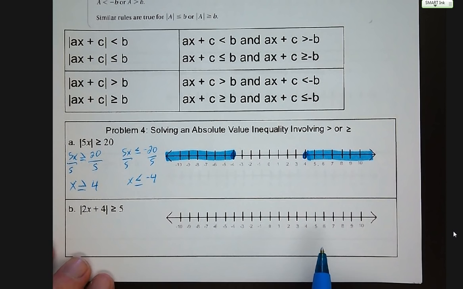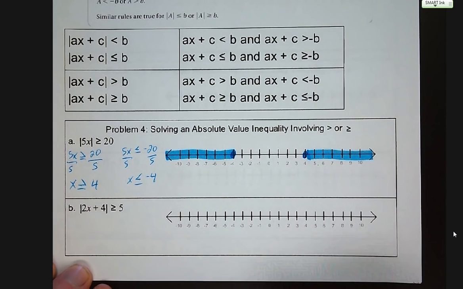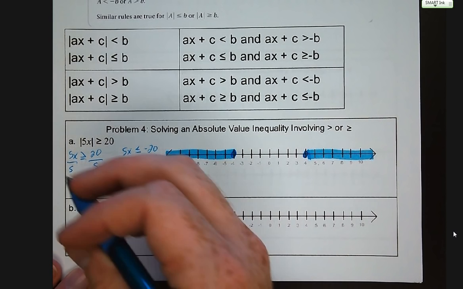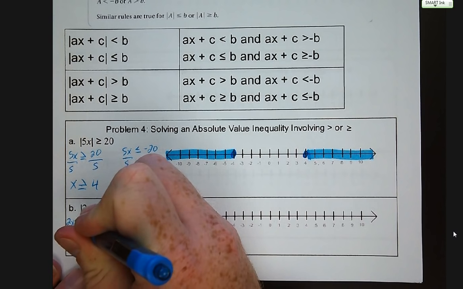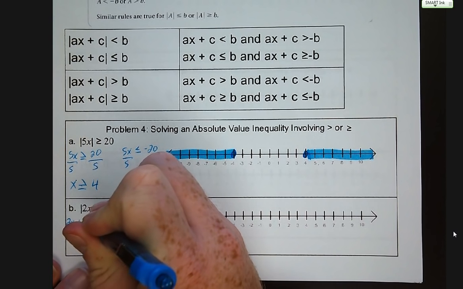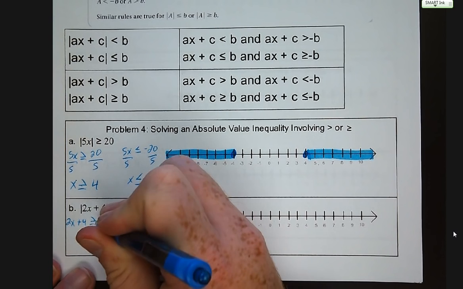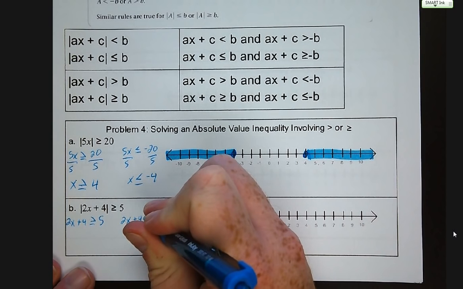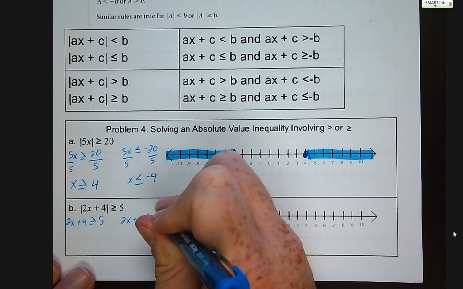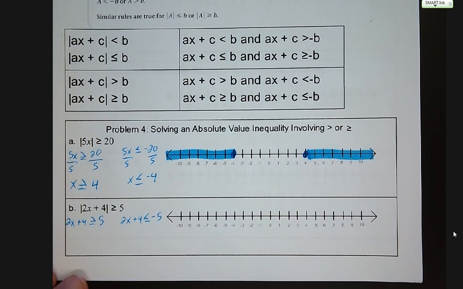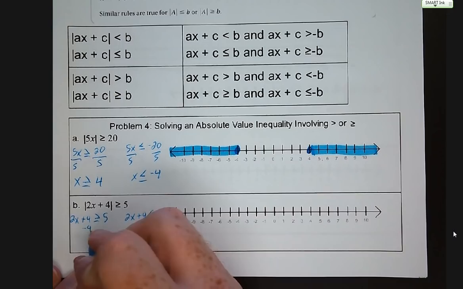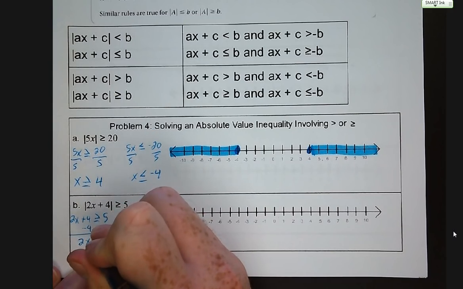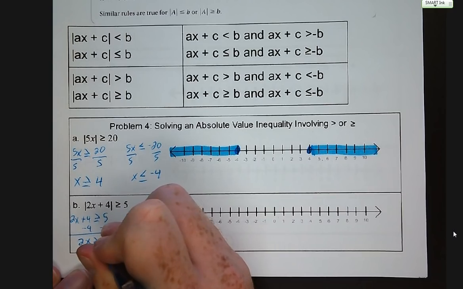Okay, letter B. Same approach. Our absolute value has been isolated, so now we can split it into our two pieces. 2x plus 4 is greater than or equal to 5, and 2x plus 4 is less than or equal to negative 5. Subtract 4 from both sides of the inequality. 2x is greater than or equal to 1.